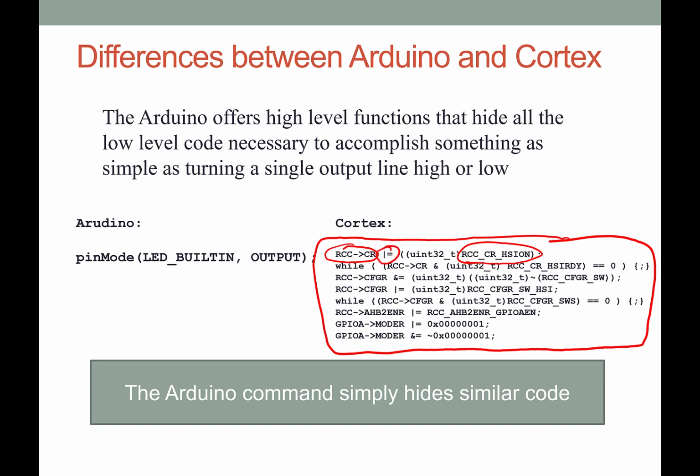What we expect is that somewhere we've defined all of this, again, that's the configuration register for the clock. All of these things have been defined somewhere, and that somewhere is the startup files.